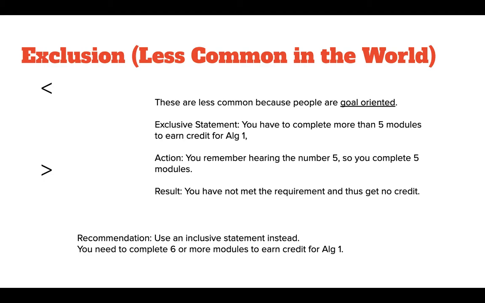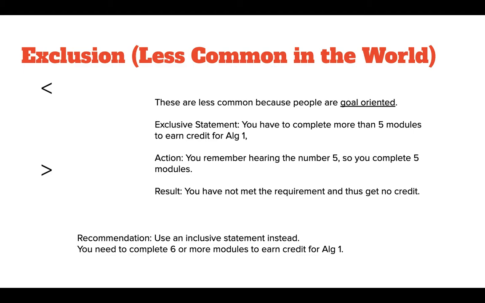Now, here's the reason that we use or don't use exclusion. If I tell you you have to complete more than 5 modules to earn credit for Algebra 1, you're going to remember hearing that 5, so you're going to go out and complete 5 modules. But you haven't met the requirement, so therefore you wouldn't get any credit. A better way for me to say this is, instead of saying more than 5, I should just say you need to complete 6 or more modules to earn credit.